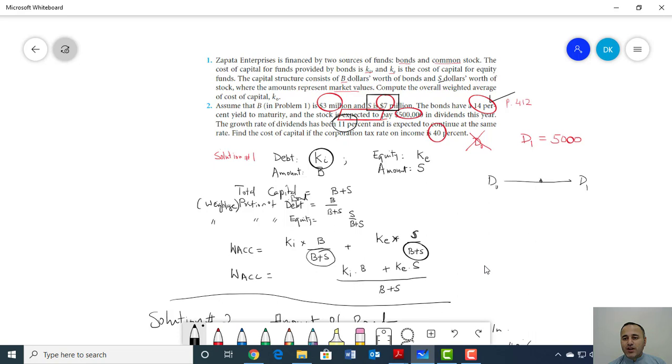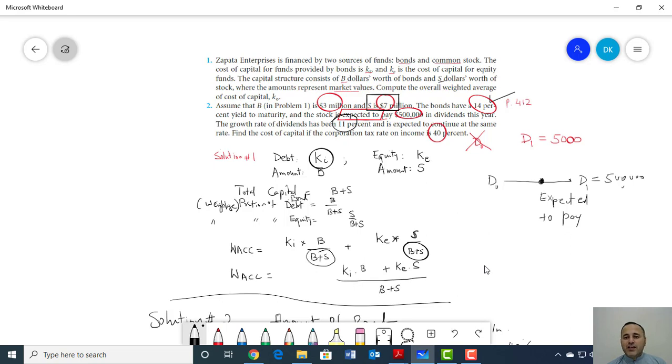We are having this discussion where the company is expected to pay, so they have not paid this dividend. That's why D1 is $500,000.